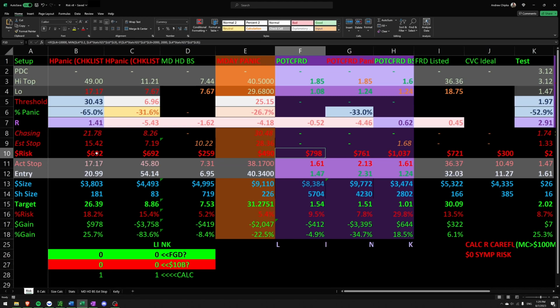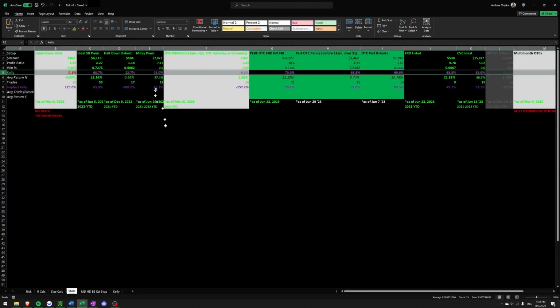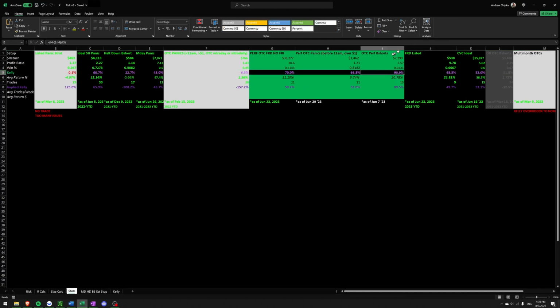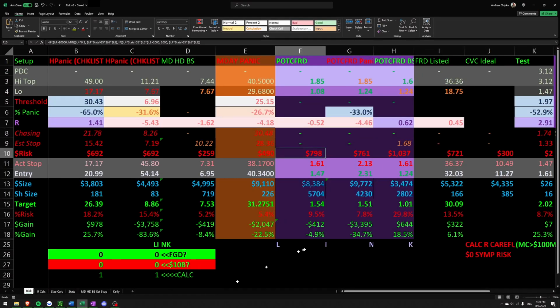So that's why my Kelly is weighted, because I'm not going to be risking 90% of my account on OTC first red day bounce shorts. That's just not really possible, because that would mean I would need, let me think, like 9x leverage or something like that to be able to risk that.